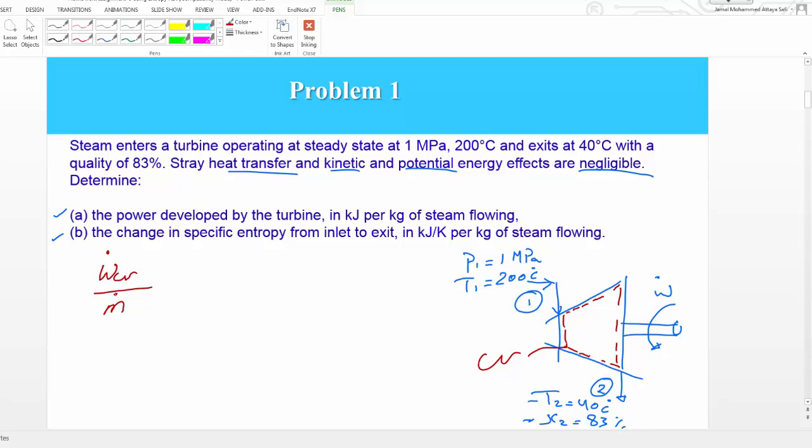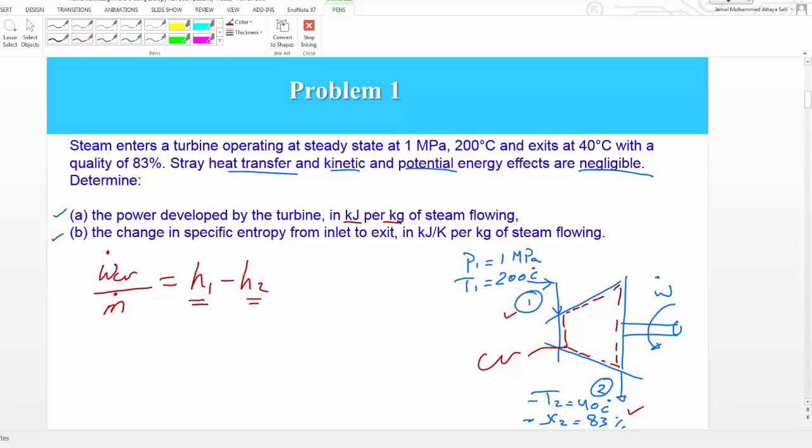And he asked me here to find the power per kilogram of stream. So he's not very interested in calculating the mass flow rate here. And that is H1, enthalpy 1 minus H2. So as you can see, it's quite easy, because the challenge now is to find H1 and to find H2, and we know that state 1 is fully defined and state 2 is fully defined, so it's a very straightforward problem.